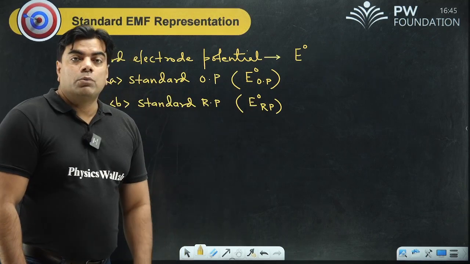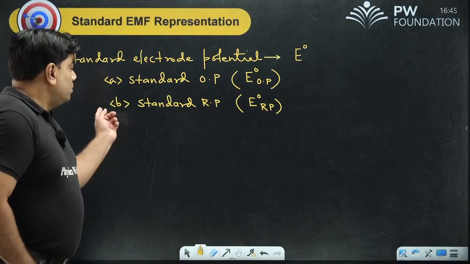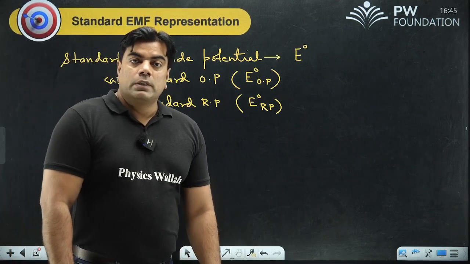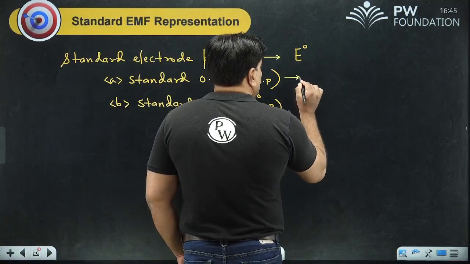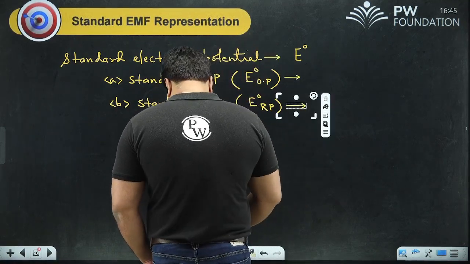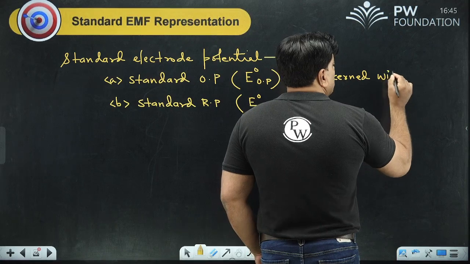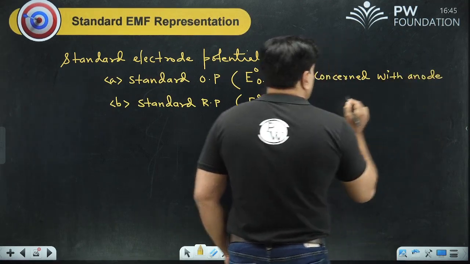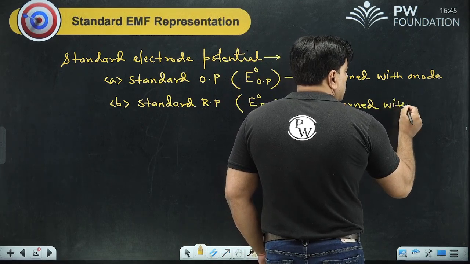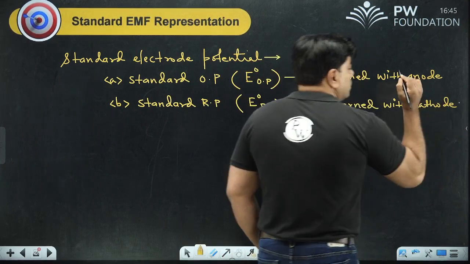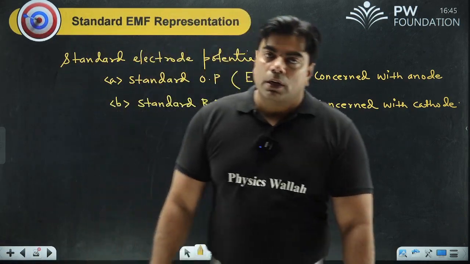The term standard oxidation potential is concerned with the anode, and the term standard reduction potential is concerned with the cathode.